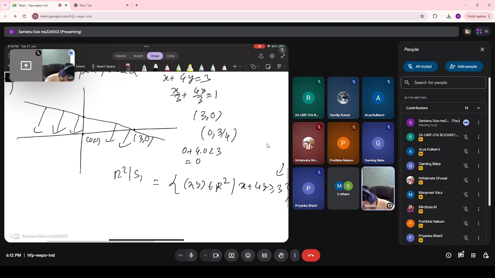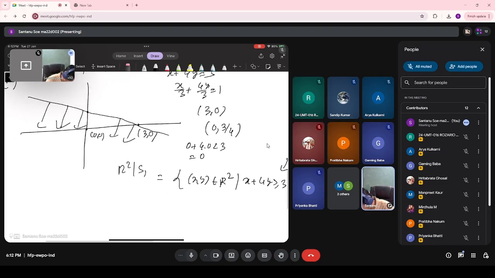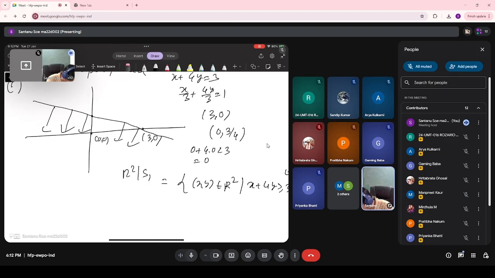So this set will be an open set, right? Because it contains all its interior points. Whatever point you take in this region, if you take a neighborhood, then the neighborhood containing the point will always belong to the set S1.